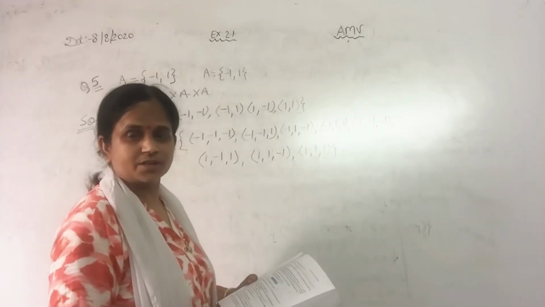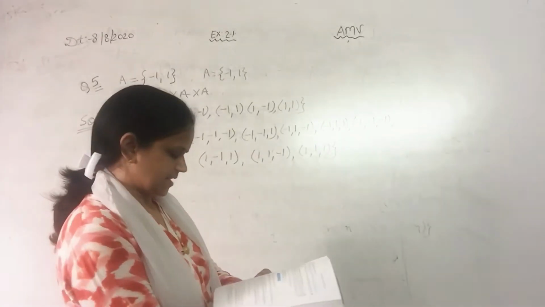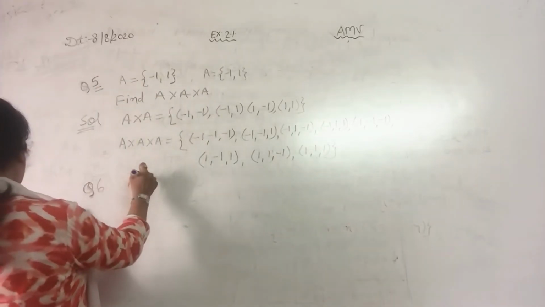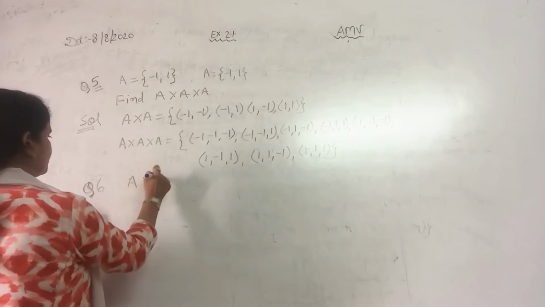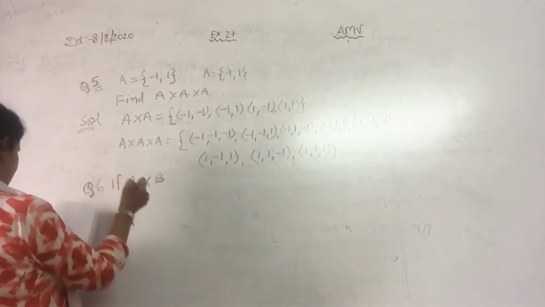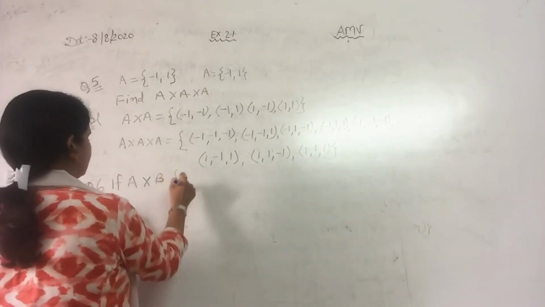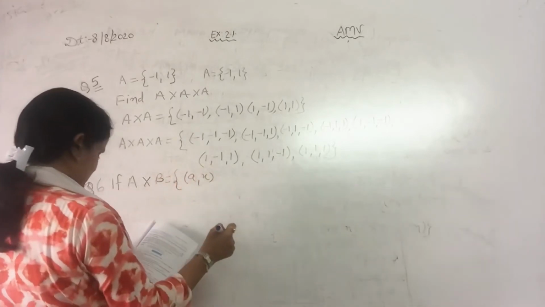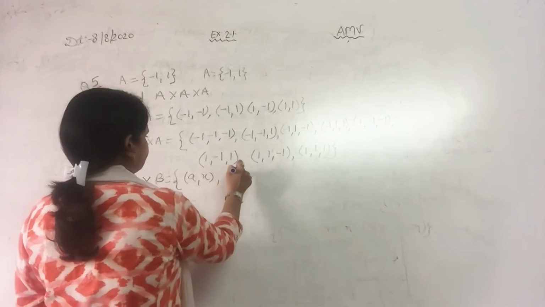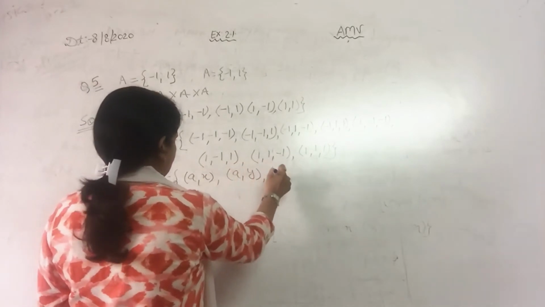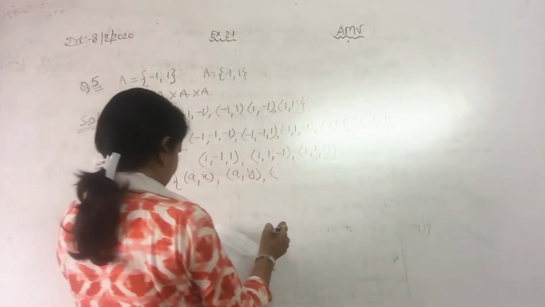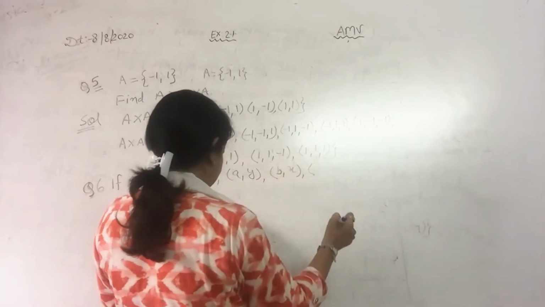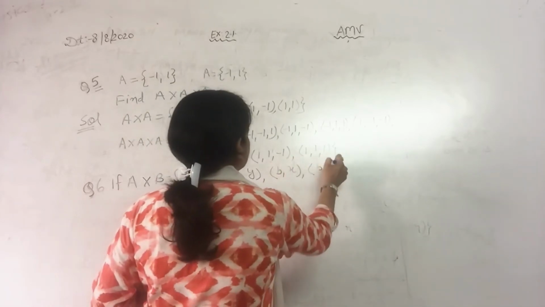Next question number 6. If Cartesian product A×B is given, student, it is (a, x) and (a, y), and here next is (b, x) and next element (b, y).